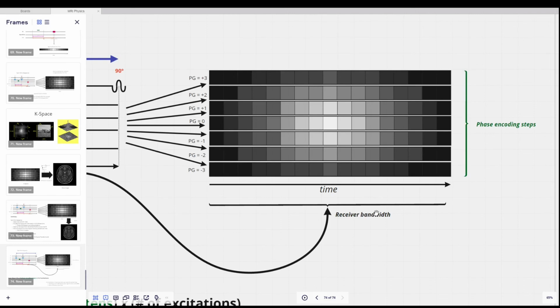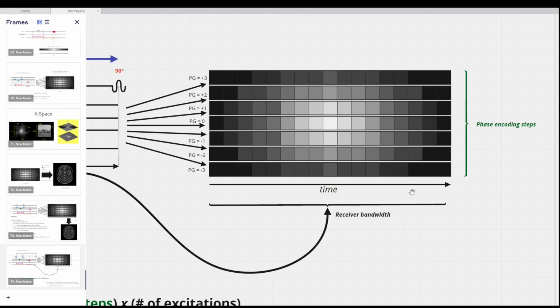And if you did that, your Fourier transform would eventually be able to deconstruct a broader range of frequencies. So it's generally a good thing. There's some trade-offs, which we're not going to get into right now and you can read about, but basically, receiver bandwidth just means how many times you are sampling your signal to fill one line of K-space.